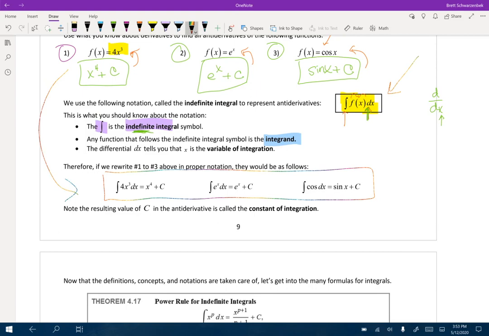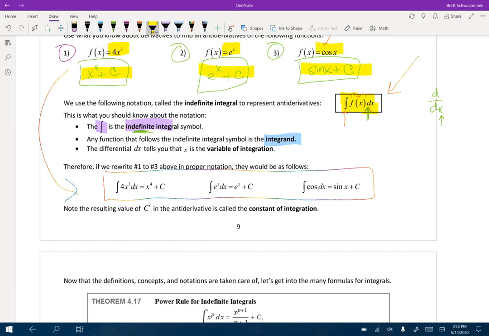So we would say, let me just highlight it as we go here, hold on. We would say that the integral of 4x cubed dx is equal to x to the fourth plus c. We would say that the integral of e to the x is equal to e to the x plus c. We would say that the integral of cosine x is equal to sine x plus c.